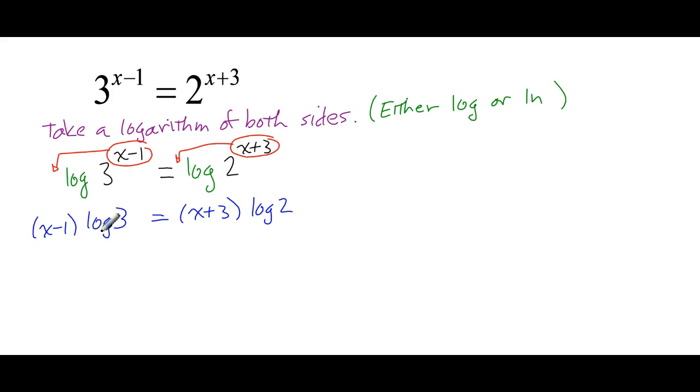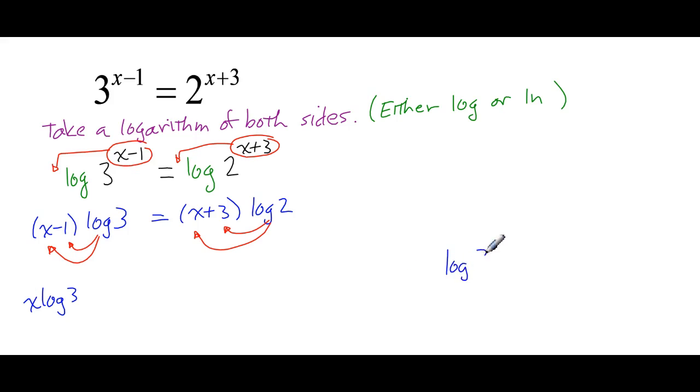So log 3 is going to get multiplied by x and multiplied by 1. Over here, log 2 is going to get multiplied by x, and it's going to get multiplied by 3. So we're going to have x times log 3, and technically, since that's the number, it's kind of the coefficient, I would normally write it in front of the x, but think about what that would look like.